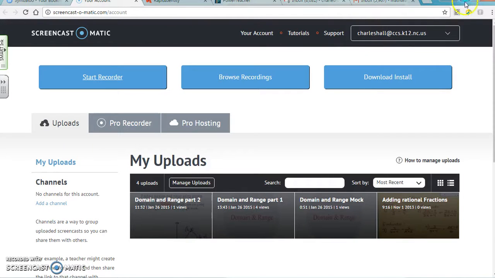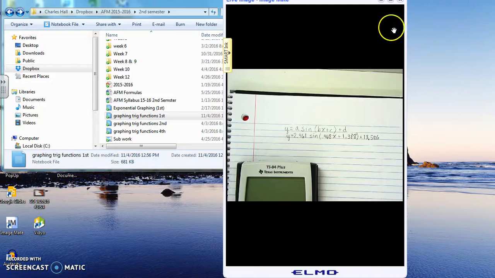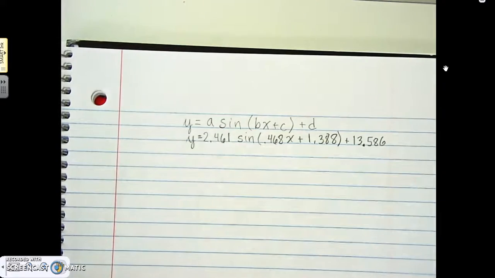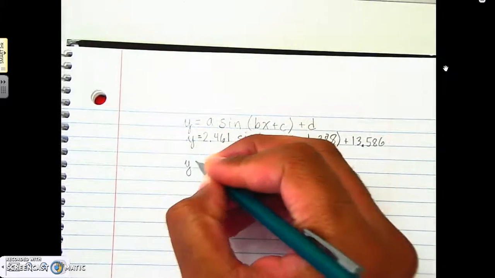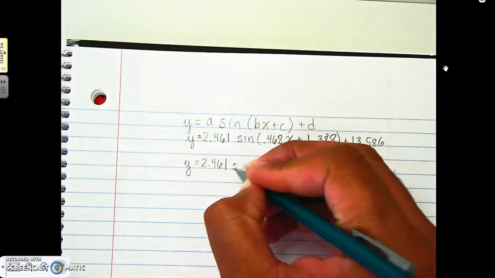So what we're going to have to do is take that sine equation that we found, and we have to do one thing from it. All we have to do is write this part down again.